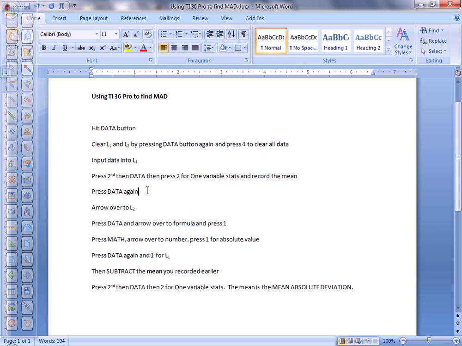Not yet, because we want to subtract that average from L1. Now, once you have the L1 there, then do minus 5.75, and you can close your parentheses. And then hit enter.